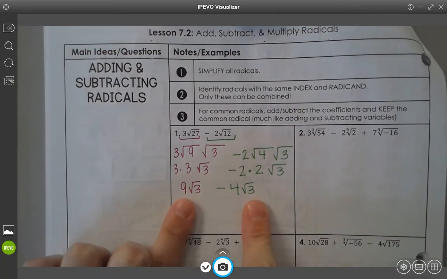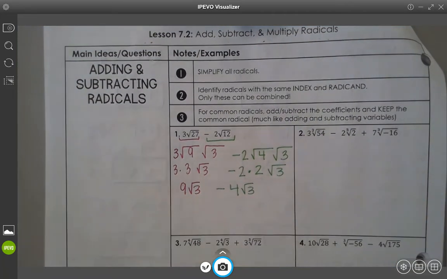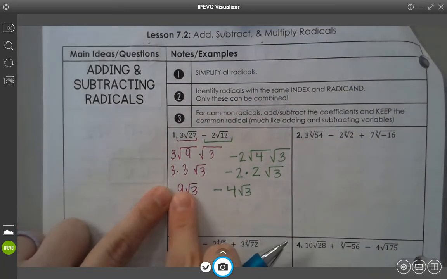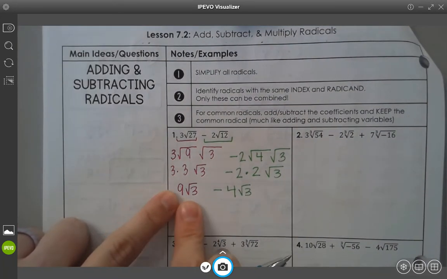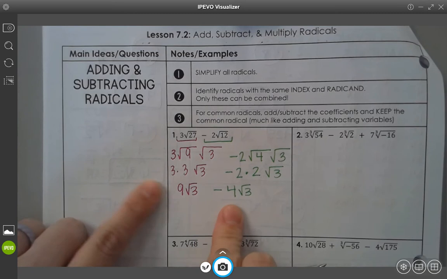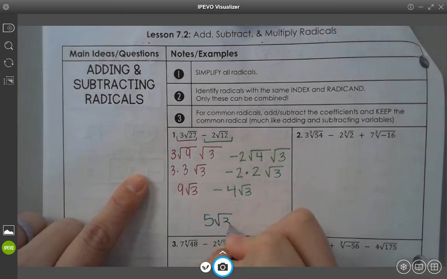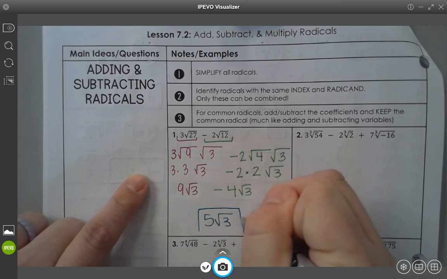So because both of those are square root of 3, we can subtract them. So 9 square root of 3 minus 4 square root of 3 is 5 square root of 3.